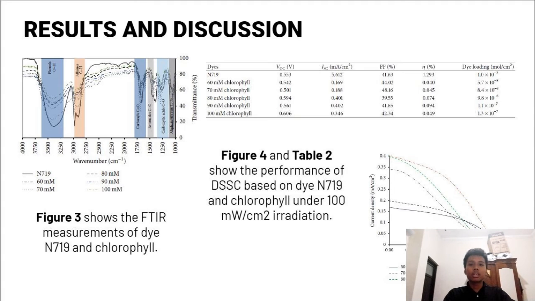The N719 dye-based DSSCs had an efficiency of 1.293%, whereas the chlorophyll dye-based DSSCs had a maximum efficiency of 0.094% at 90 millimolar.